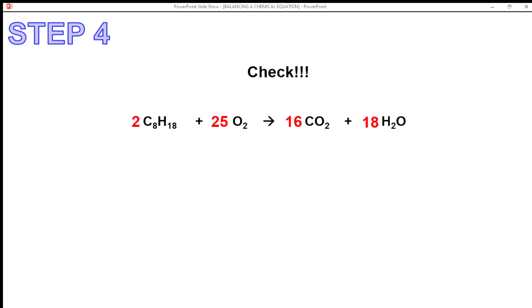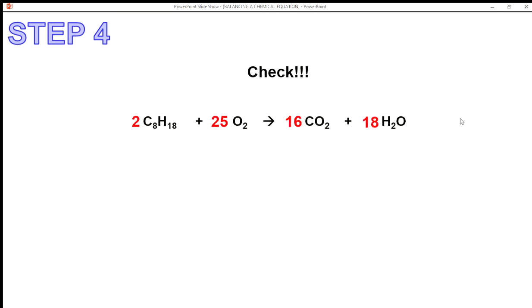Okay, step 4. In step 4, we are going to do the checking. We're going to check whether all of the atoms on the left side of the equation and on the right side of the equation are balanced or not. So how do we do this checking?